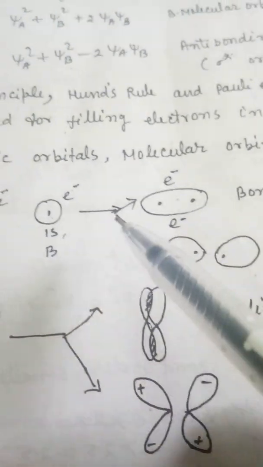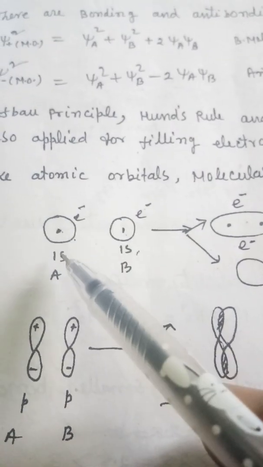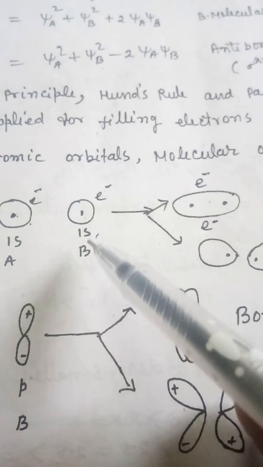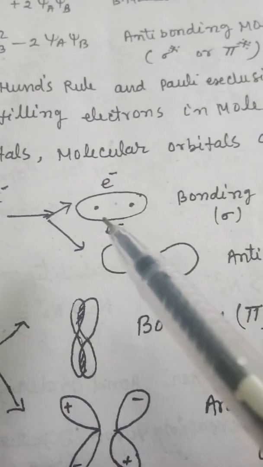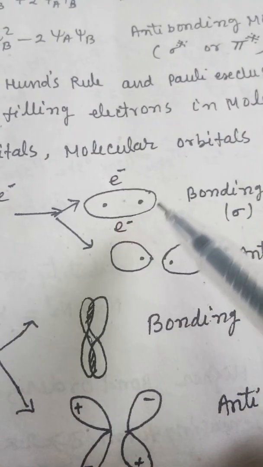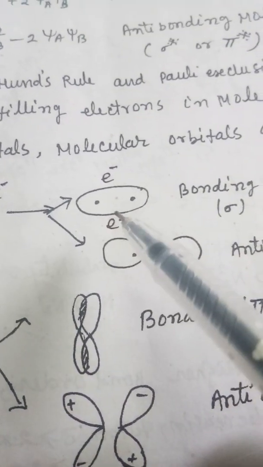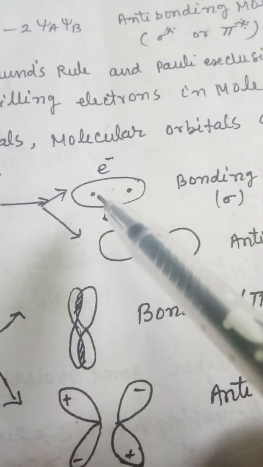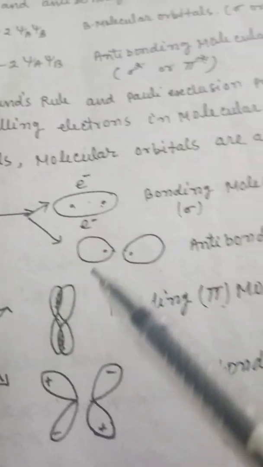Now both electrons, in case of atom, this electron was revolving around the nucleus of the atom A, and this electron is revolving around the nucleus of the atom B. But now when molecule is formed, or you can say molecular orbital is formed, both electrons become the property of the molecular orbital, means both are moving in the molecular orbital, and therefore these two electrons are equally attracted by this nucleus and this nucleus, and it has been said in the postulate.